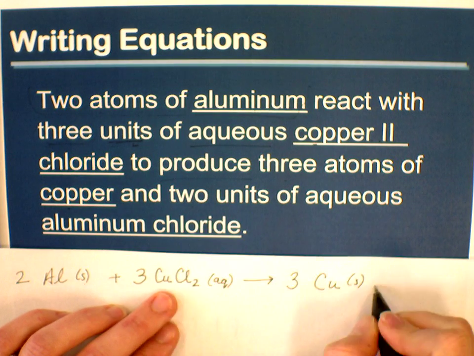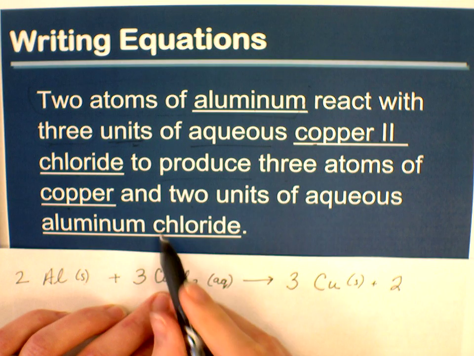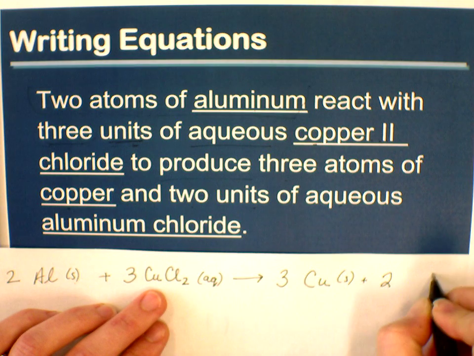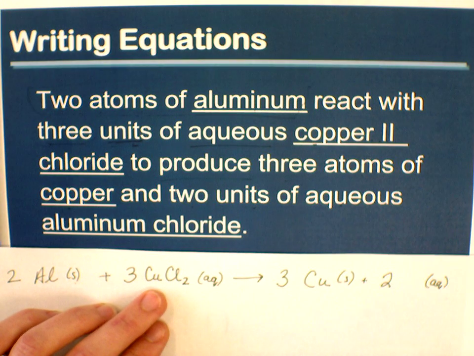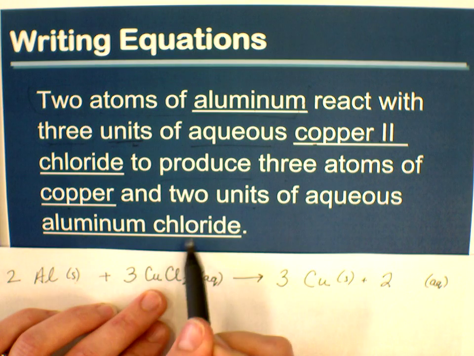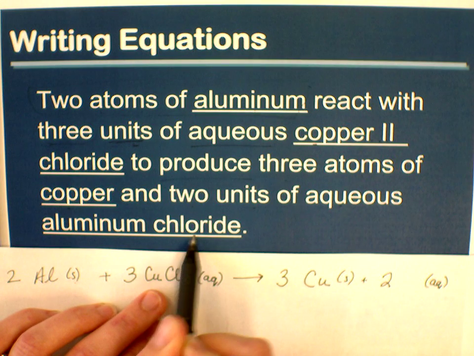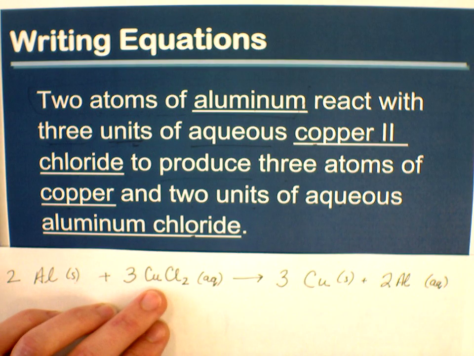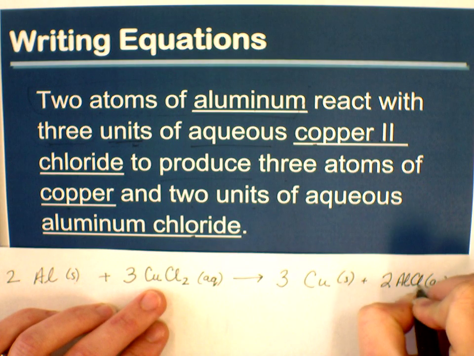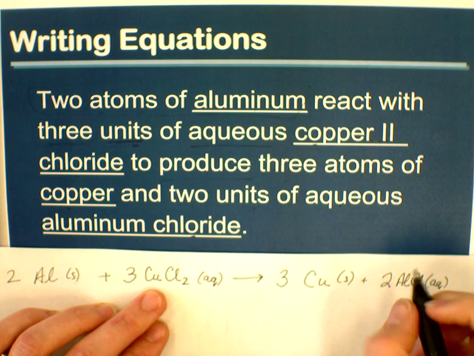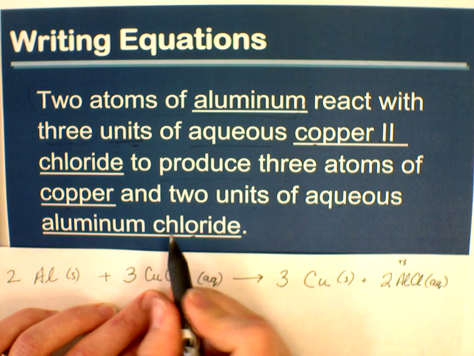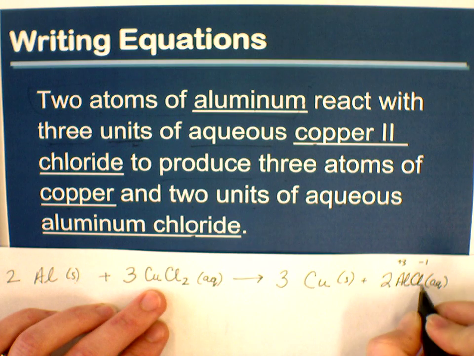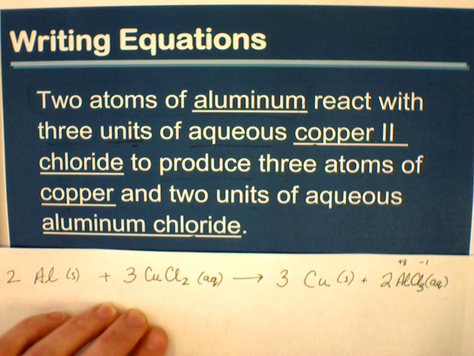And 2 units of aqueous aluminum chloride. So aluminum is Al, chlorine, my chloride. Aluminum is a +3 charge. Chlorine is a -1. So that means when I crisscross, I should get AlCl3.